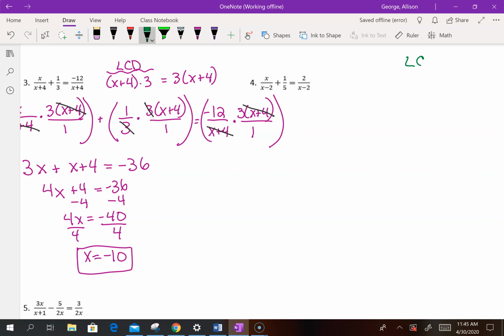For this one, our LCD is going to be x minus 2, 5, and then we'd have x minus 2 repeated again, so we don't need that. So we just have 5 times x minus 2.